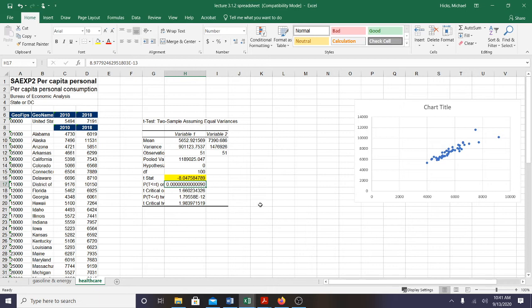So let's say we were to go out and instead of sampling per capita personal consumption expenditures at the state level, let's say we went out and just drew a sample of 300 persons. And we looked at their personal per capita spending on healthcare. And then we would draw another sample of 300 persons, and then another sample of 300 persons.